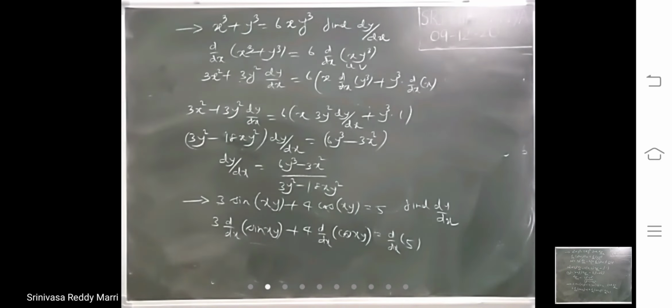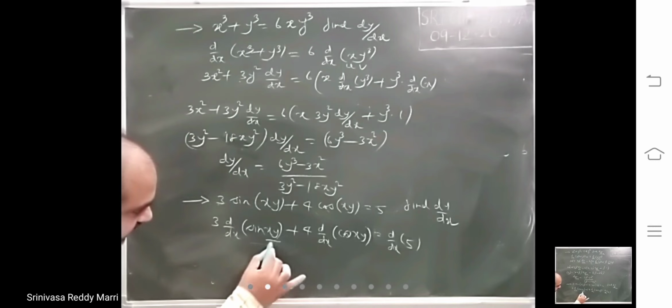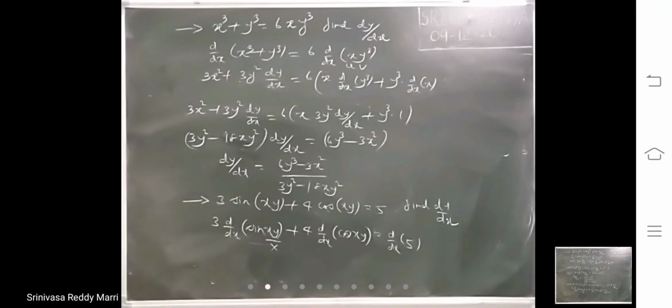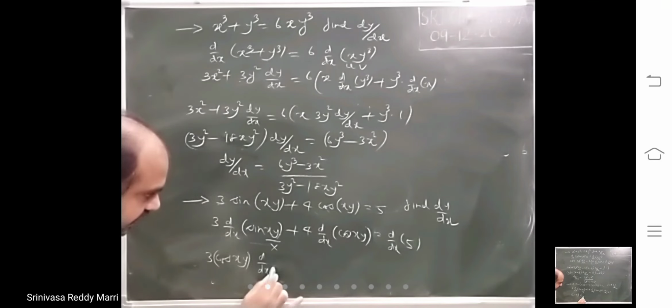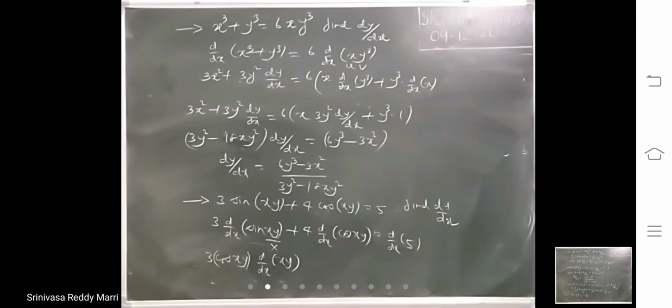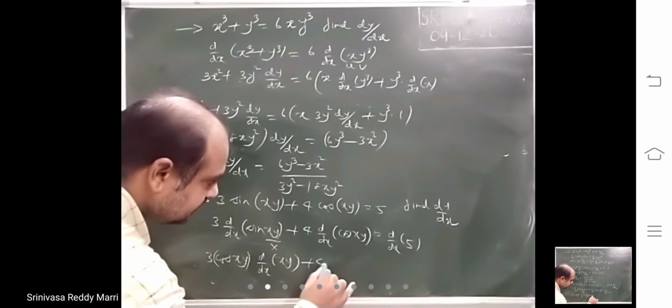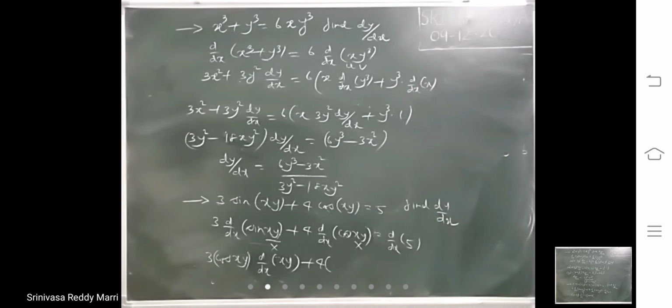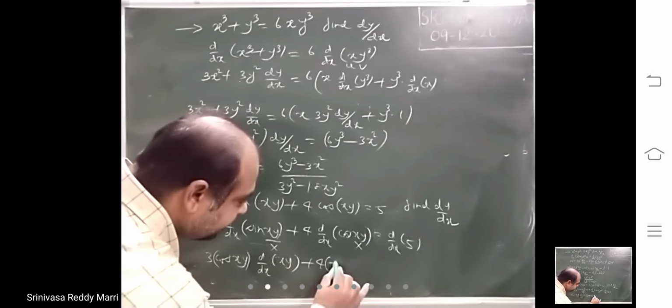Right? So now look at d by dx of this, treat it as capital X. So what is the formula? Sin capital X, inside one is capital X. That means 3 cos capital X into d by dx of xy, plus 4 into this, treat as capital X. Cos X is what?